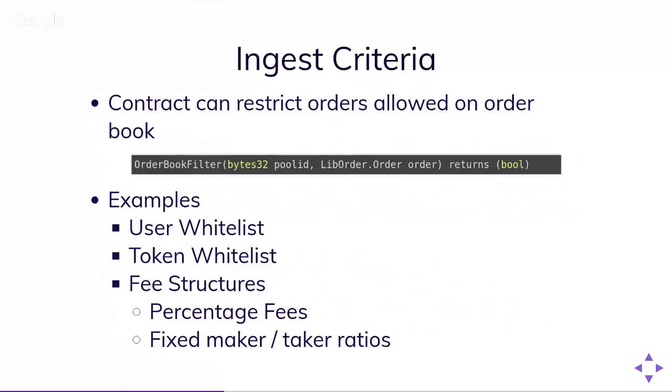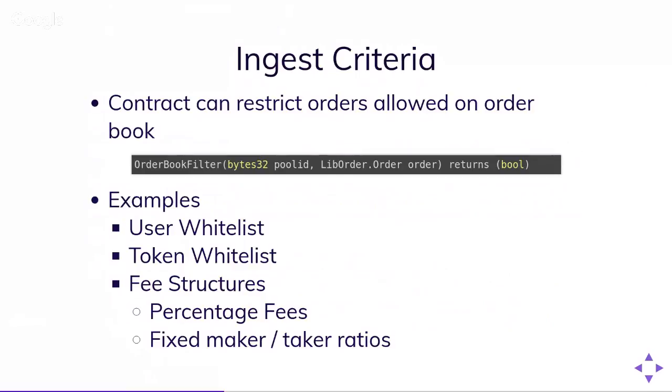You could also have a smart contract that fixed the maker fee and taker fee ratios. So you could say, the maker is going to pay 30% of the fee and the taker is going to pay 70% of the fee, and that could be enforced by the contract associated with the pool in order to restrict what orders can and can't make it into the pool.